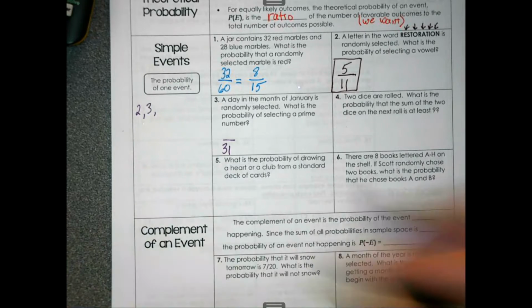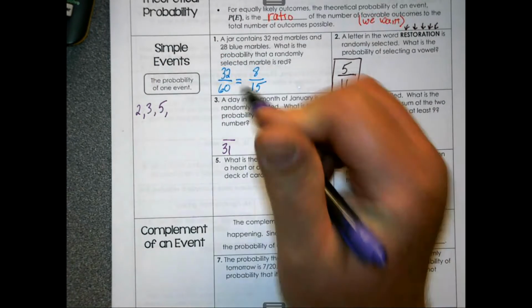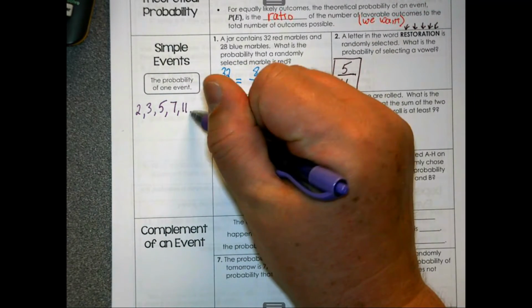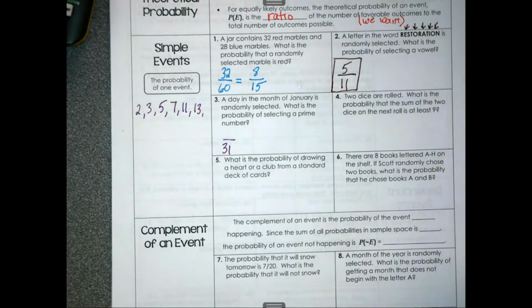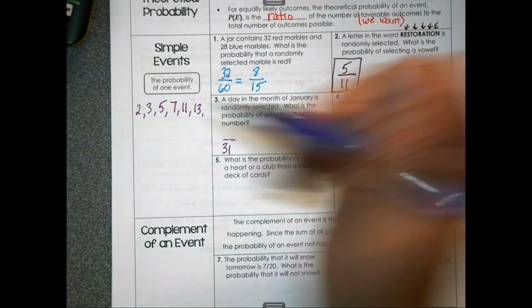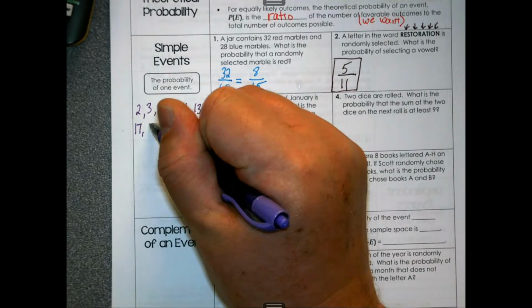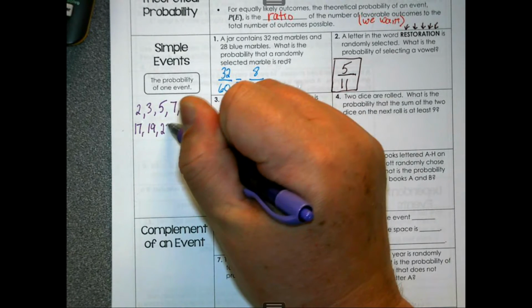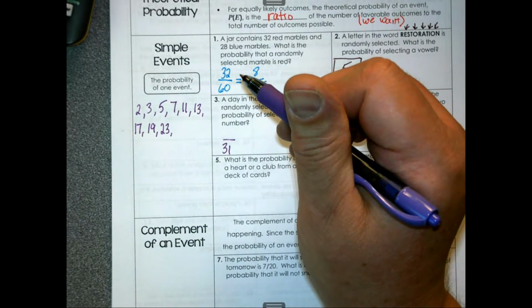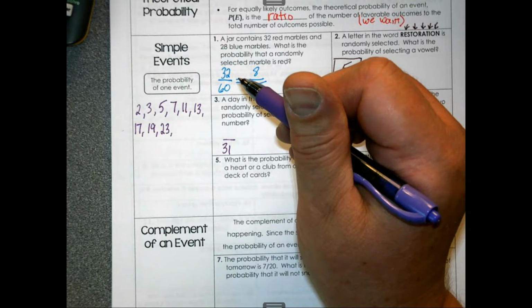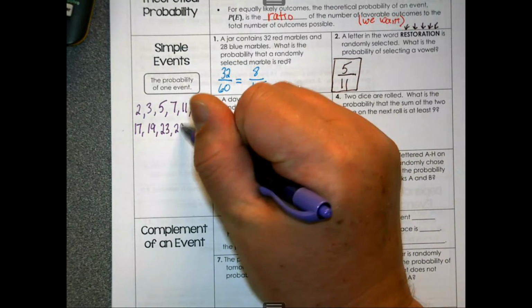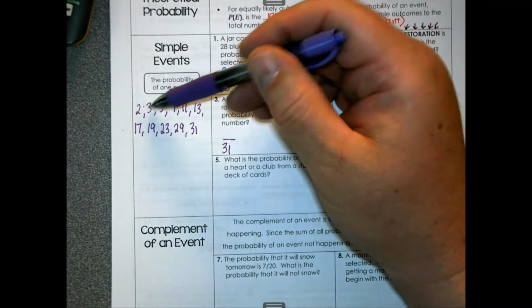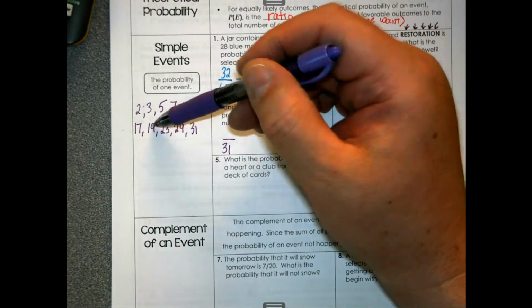5, 7, 11, 13, 17, 19, 23, 29, 31. Okay, 1, 2, 3, 4, 5, 6, 7, 8, 9, 10, 11.